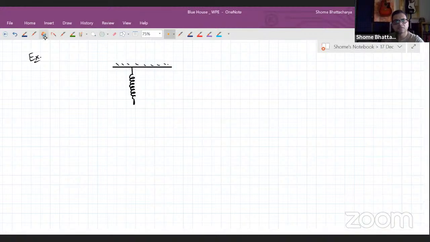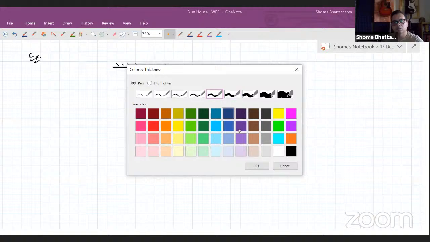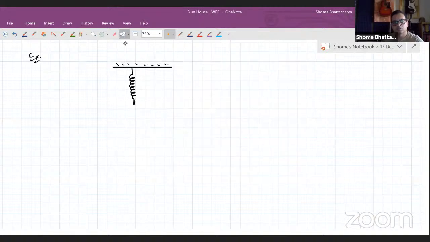We have an ideal spring like this, and the lower end of it is tied to a thread.